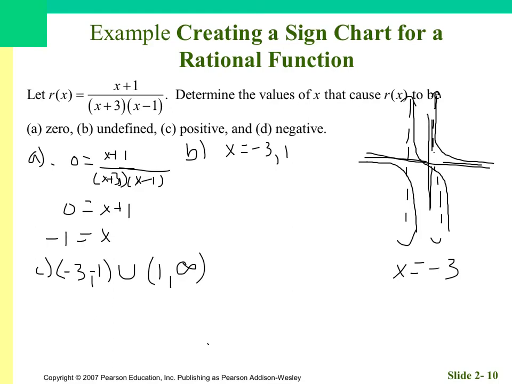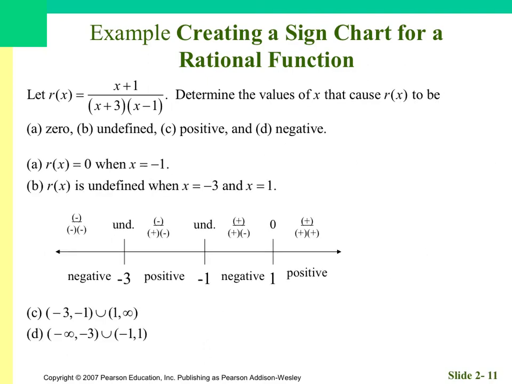And then D, where is it negative? Well, negative infinity to negative 3, union, what was the 0 again? Negative 1 to 1. So let's see.